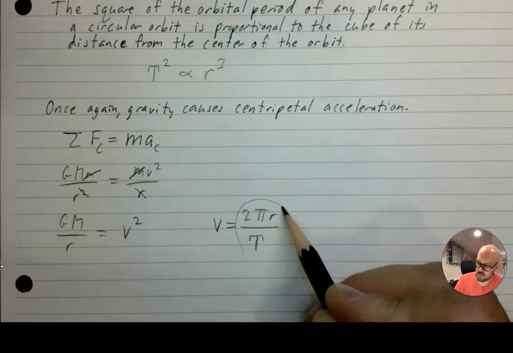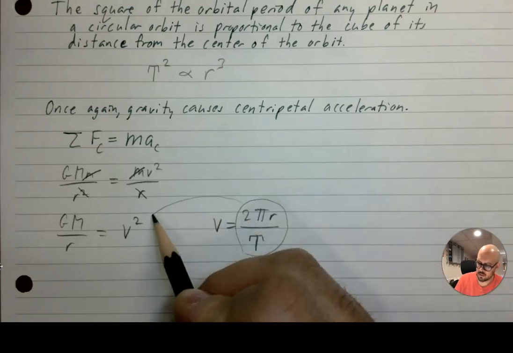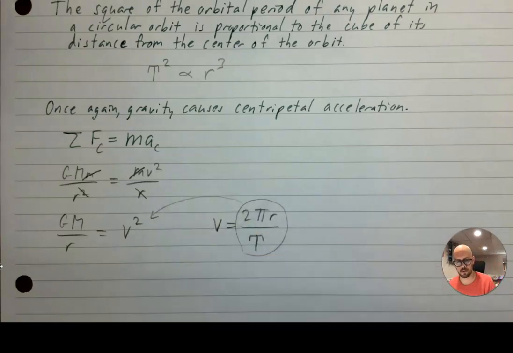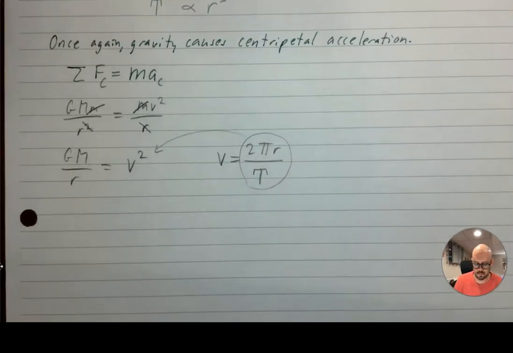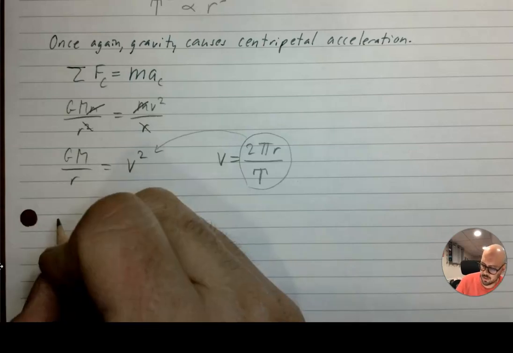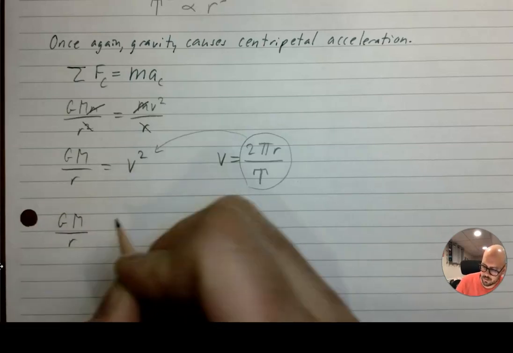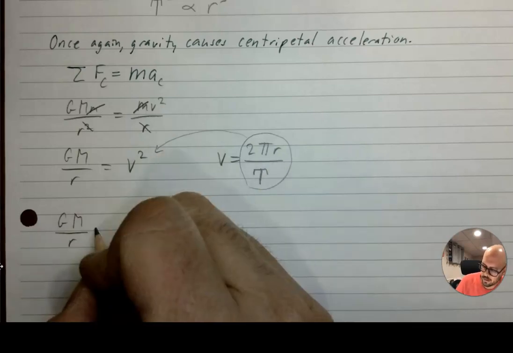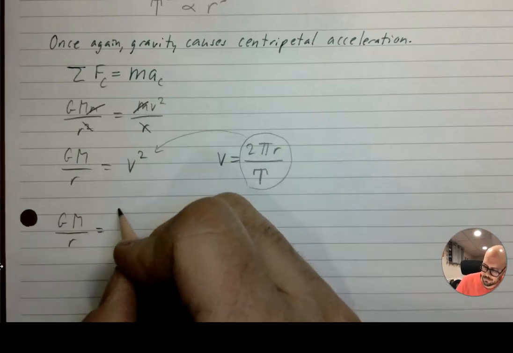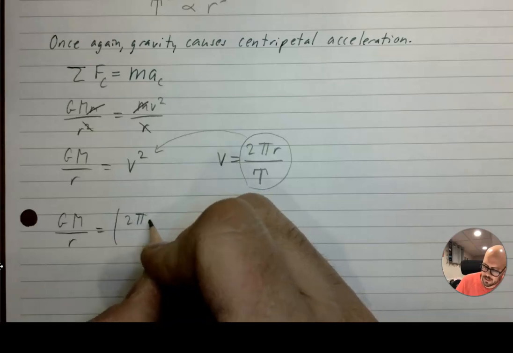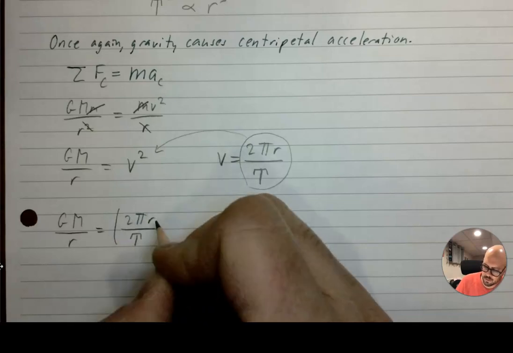So we can use 2 pi r over tau to get that period variable into this equation. That's really the major move, and everything else is just algebra after that. But it's important to remember that v equals 2 pi r over tau is relevant any time you have circular motion.